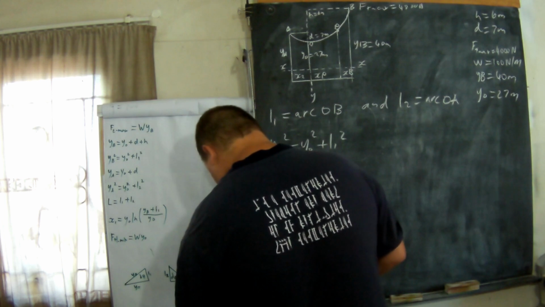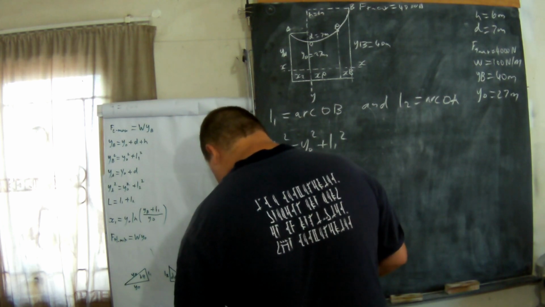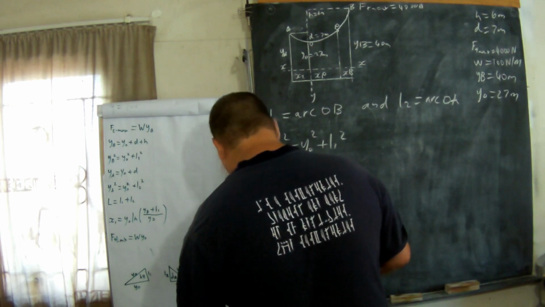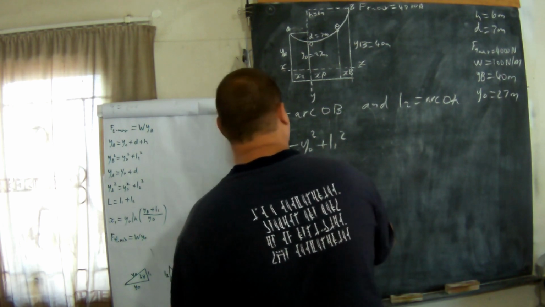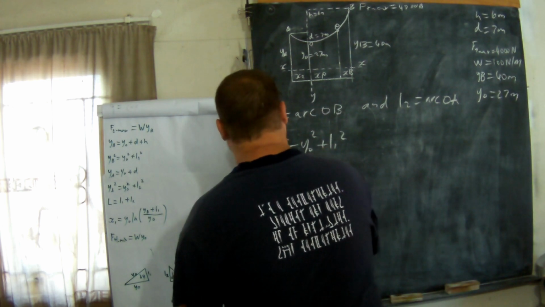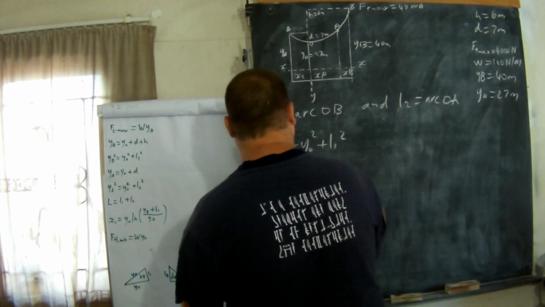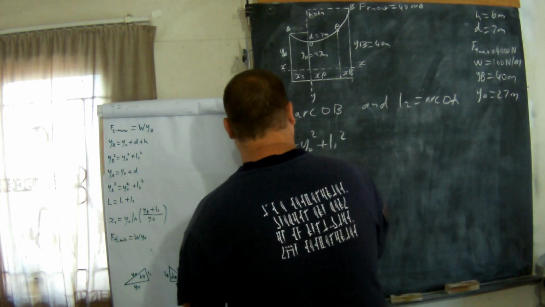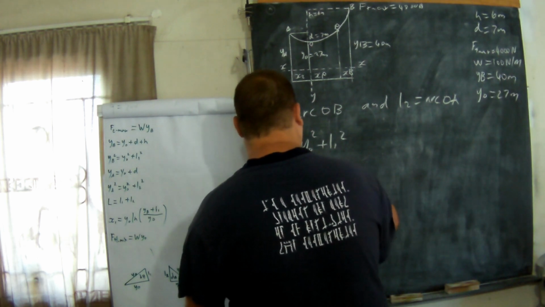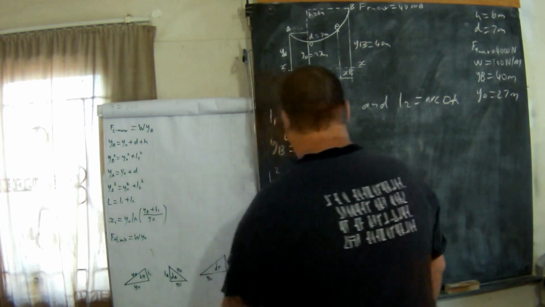We want L1, so L1 squared is equal to YB squared minus YO squared.